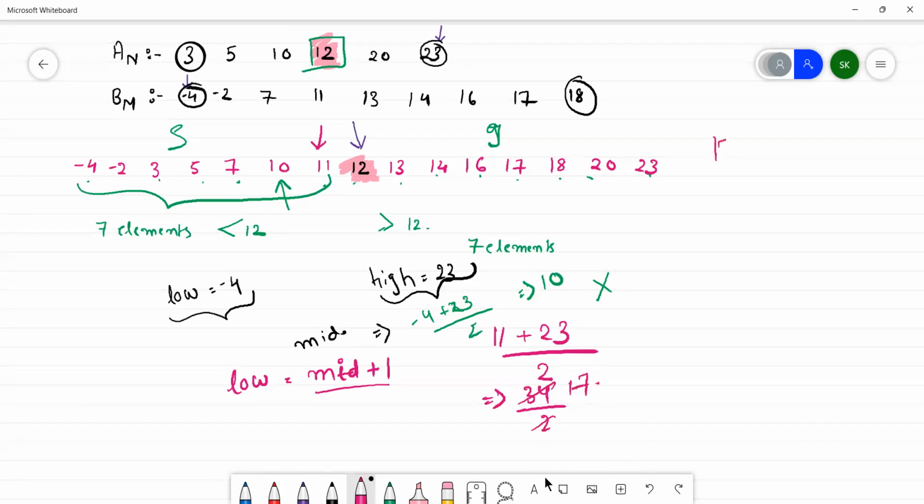Yeah. So how many numbers are there which are smaller than 17 and how many numbers are there which are bigger than 17? The numbers bigger than 17 are just 3 and the numbers smaller than 17 are 11. Again, the ratio is not valid. Yes or no?